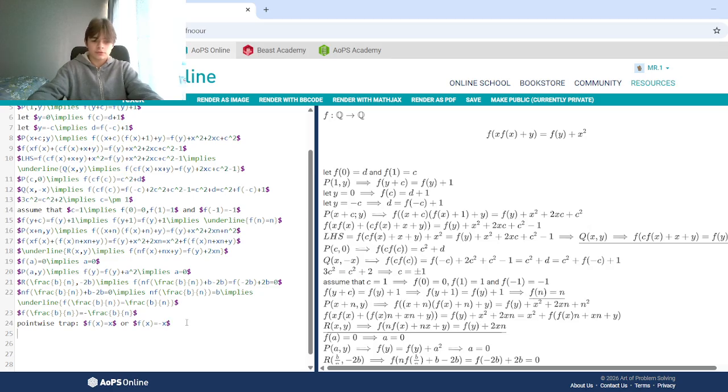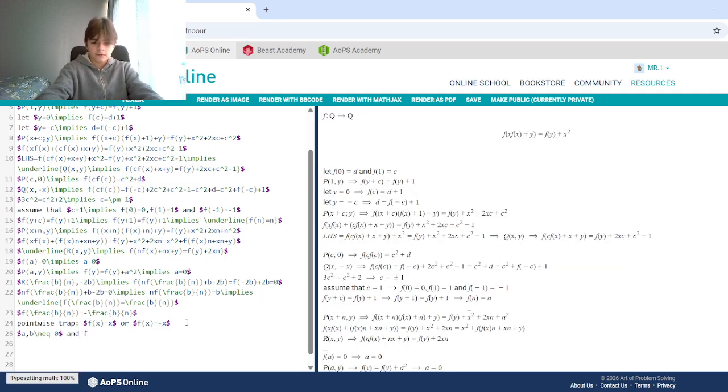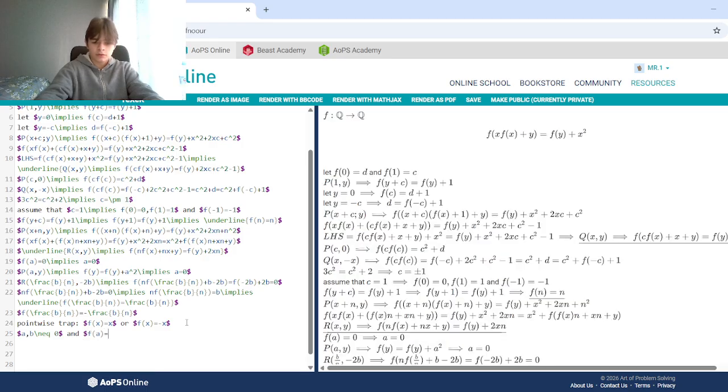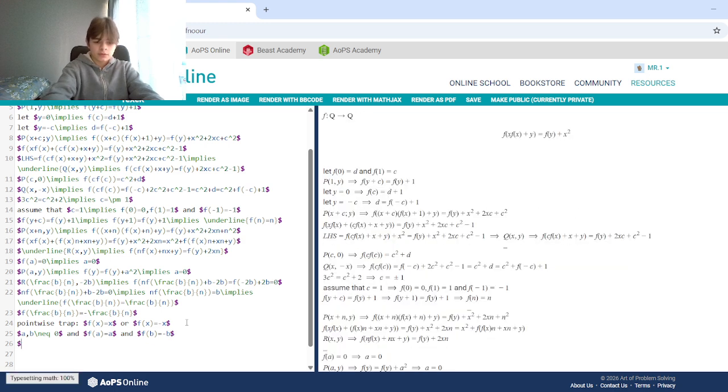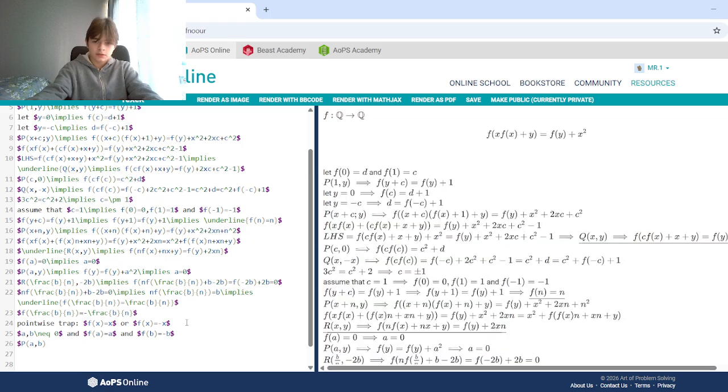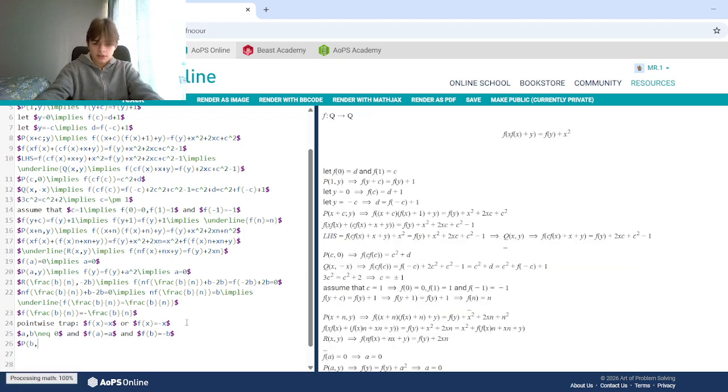And to avoid this trap, suppose there exist a and b not equal to 0 such that f(a) is equal to a and f(b) is equal to minus b. Then we can simply put b and a.